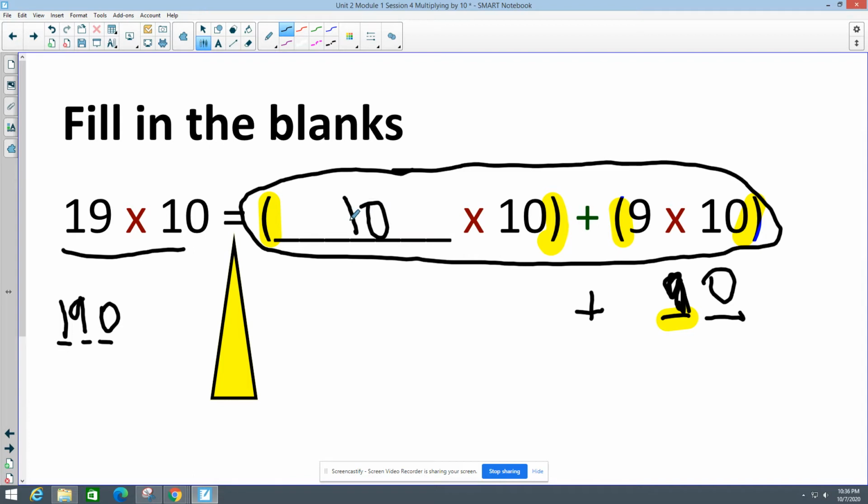And that makes sense. 10 times 10 is 100. 100 plus 90 is 190. So 190 on that side and 190 on this side balances out. So if I had 190 kittens on this side and 190 kittens on this side, that scale would be the same. It would be equal to each other. If not, it would not be equal to each other.